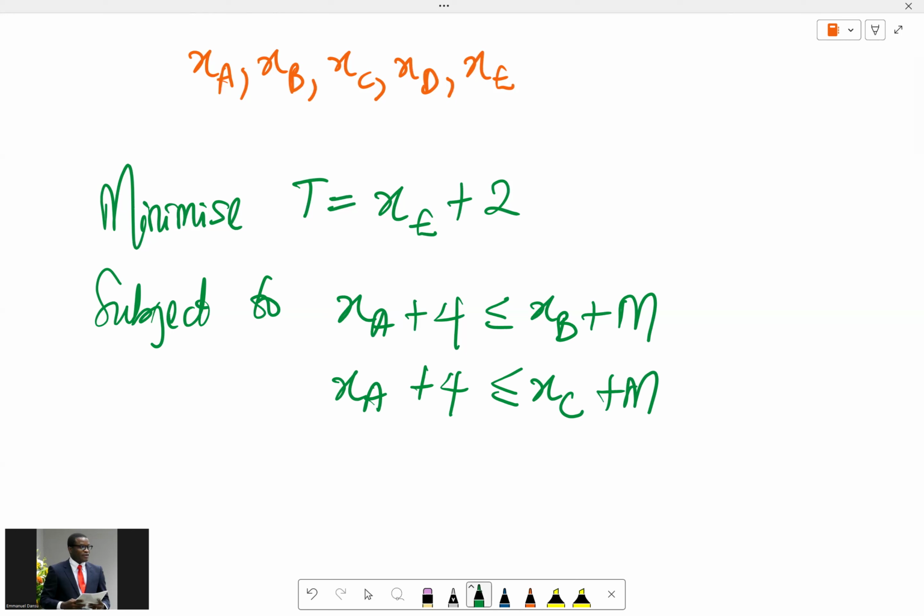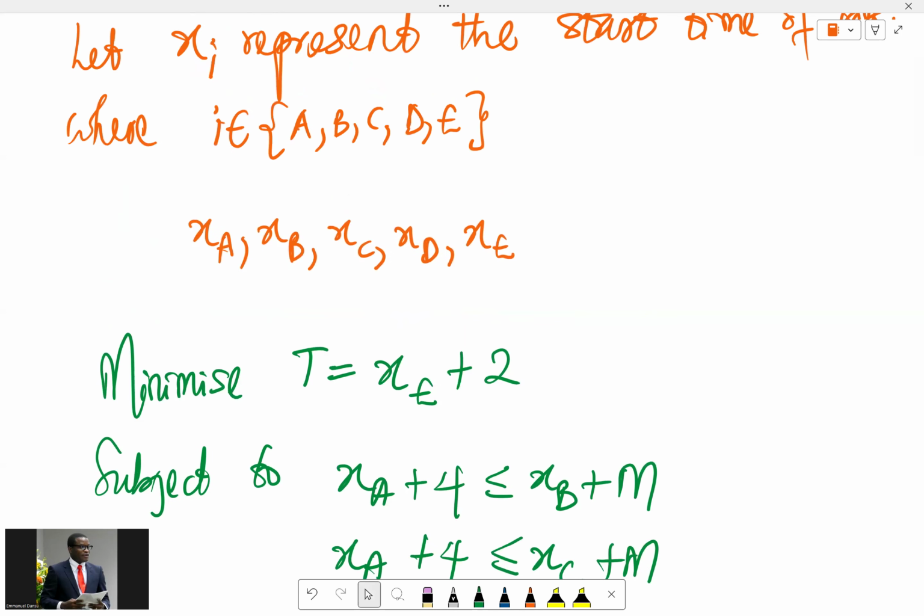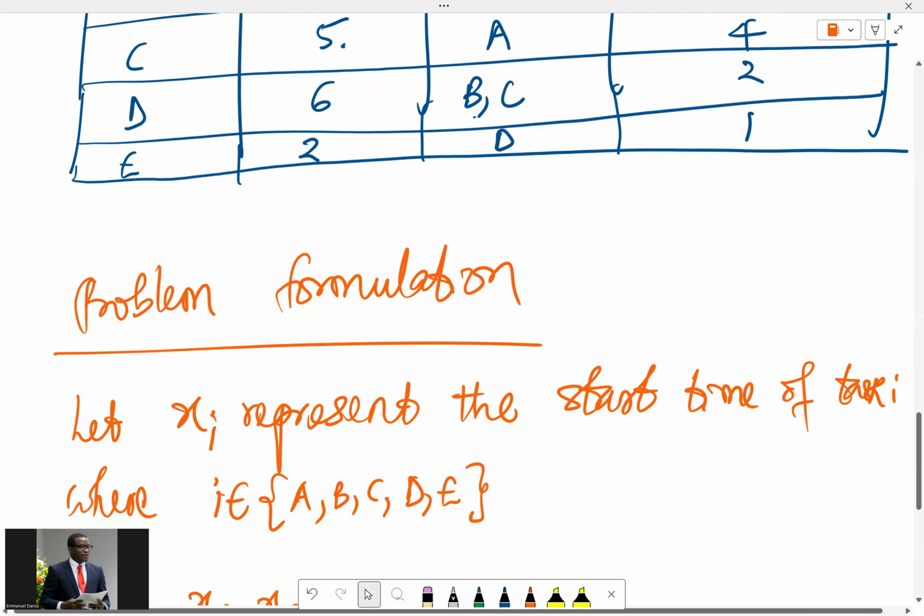And then we have that the start time XB plus 3, the 3 days it takes to complete task B, right?